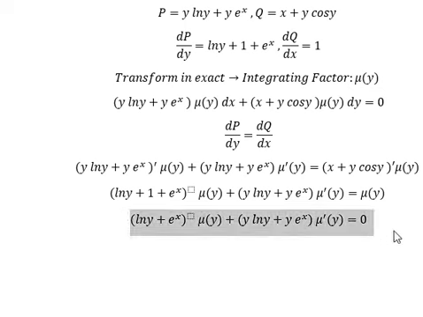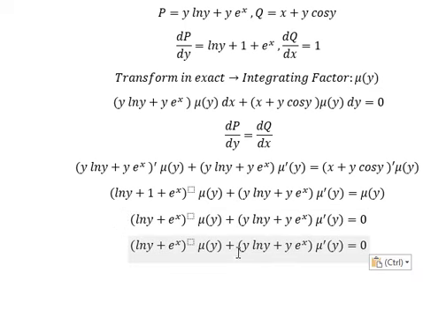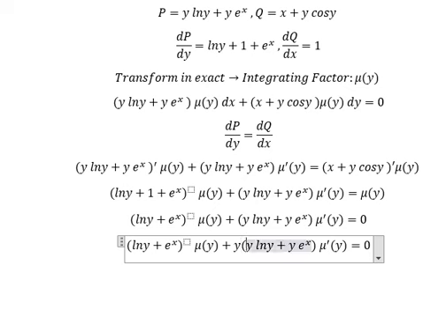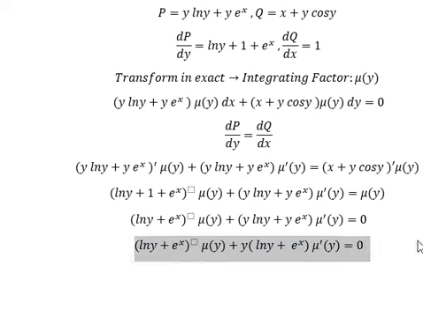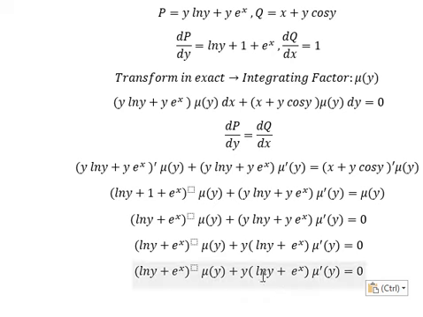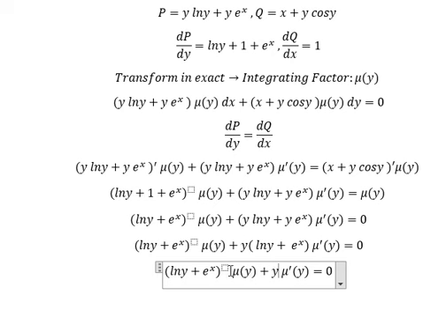Now I need to put y go outside. And now we divide both sides by f and y plus e to the power of x. So we have like this.